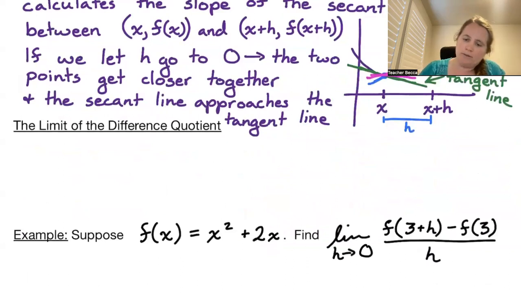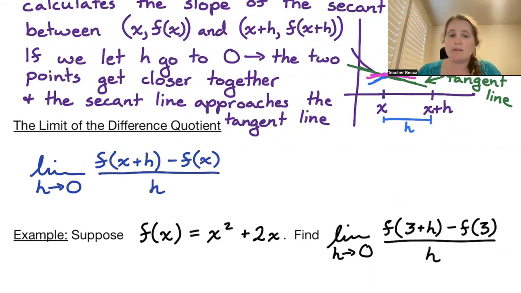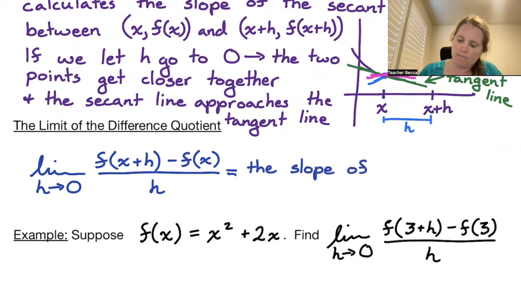So the limit of the difference quotient is the limit as h goes to 0 of f of x plus h minus f of x all over h. This limit calculates the slope of the tangent line to f at x.